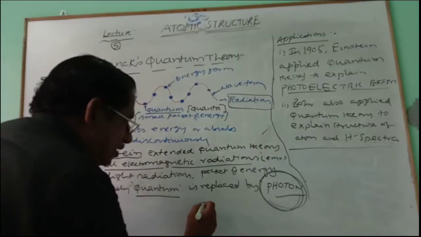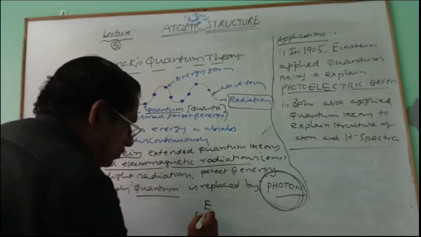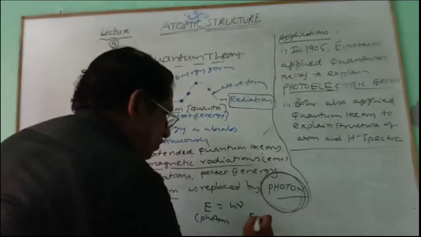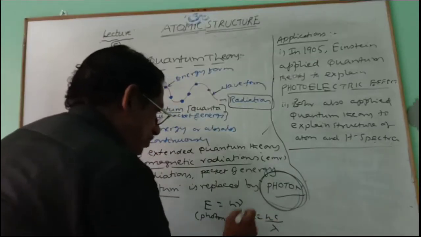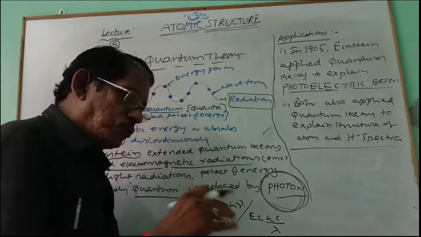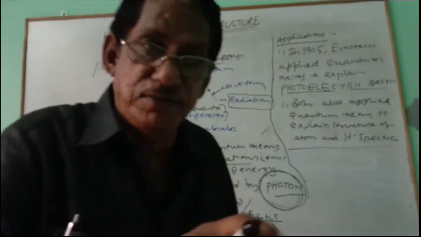The value of E for a photon, how much is it? It is also h nu. Or simply you can write it as E is equal to hc by lambda. You can use both. So this is the photon. Photon also takes integral multiples only, never fractional values, just like quantum.